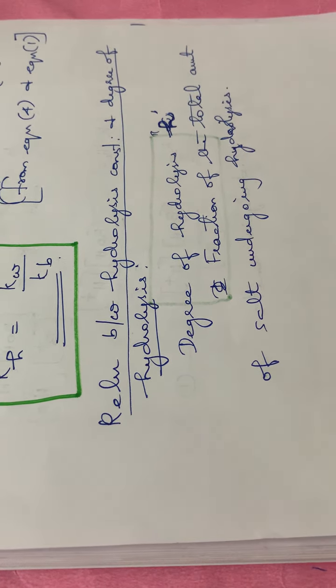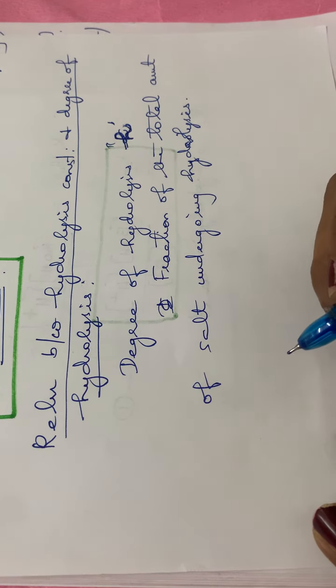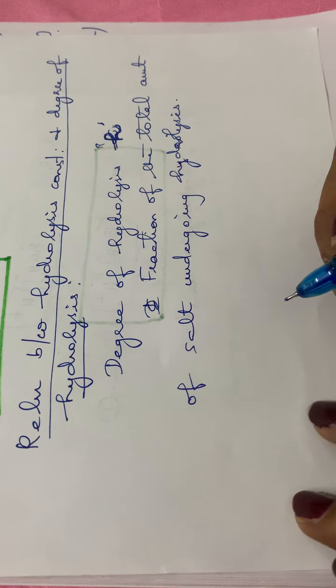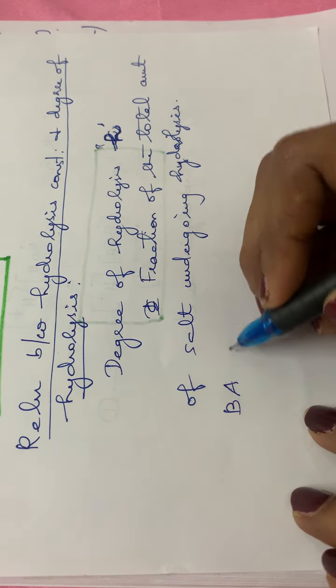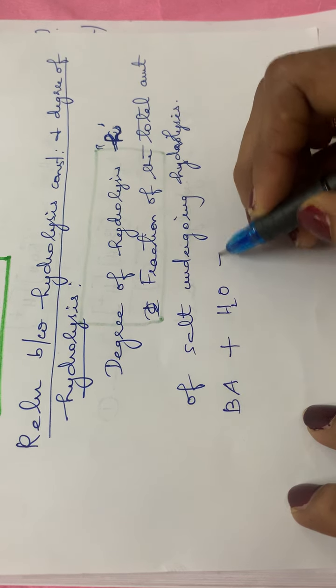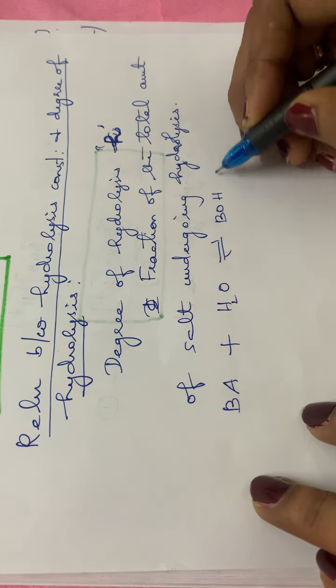It is the fraction of the total amount of salt undergoing hydrolysis that is called the degree of hydrolysis. Here we are considering the salt BA. BA in water will be ionizing as BOH plus HA, and here we are considering a weak base and a strong acid.